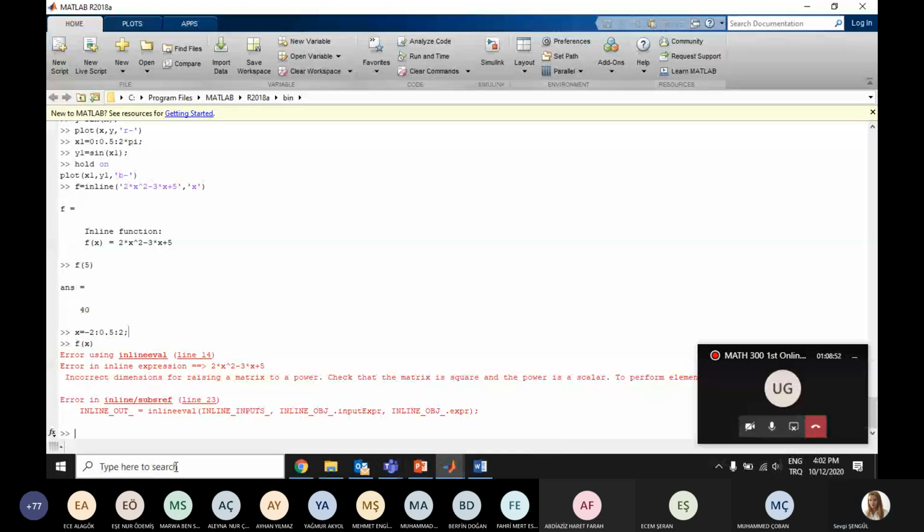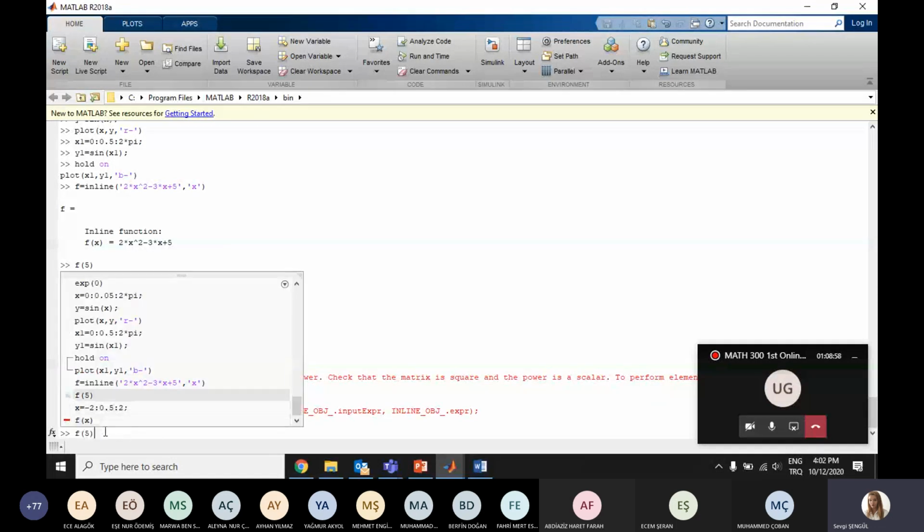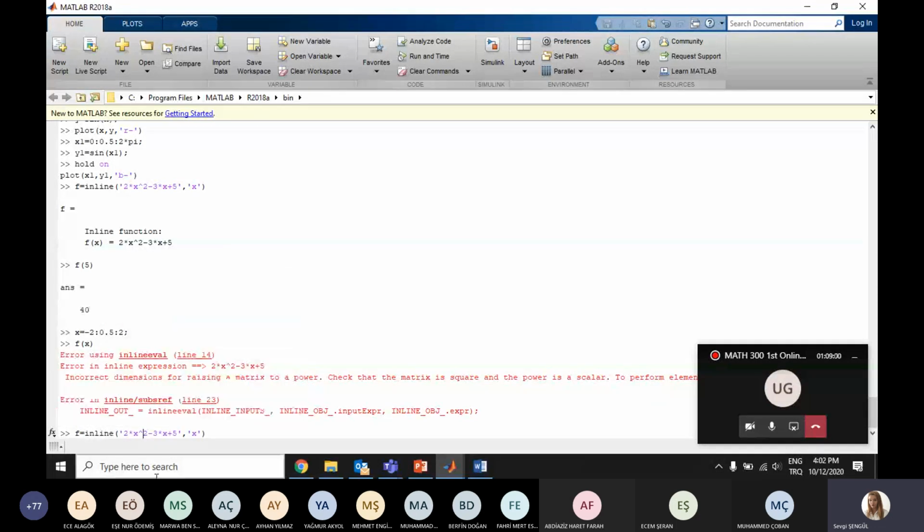So to make sure that you do element-wise multiplication, once you are defining your inline function, you need to put dots before the algebraic operations. For example, x squared is going to make a problem.